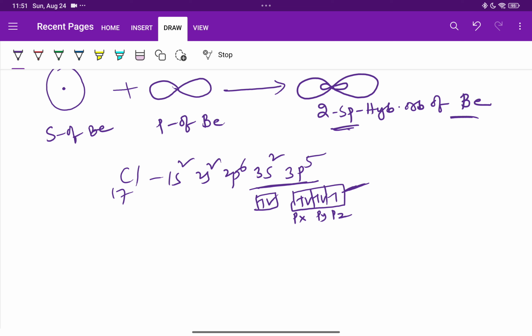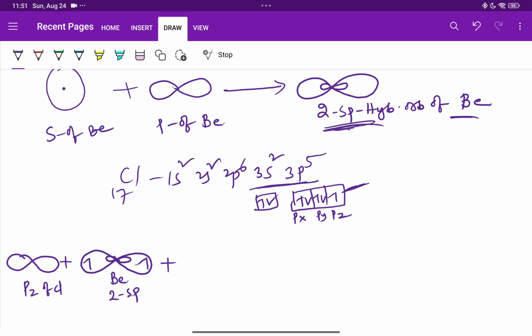Then I am going to take the two sp hybrid orbitals of beryllium. So beryllium's two sp hybrid orbitals, each one is having unpaired electrons. Then left side, right side, I will add one chlorine's pz orbital each. So this is the pz of chlorine.